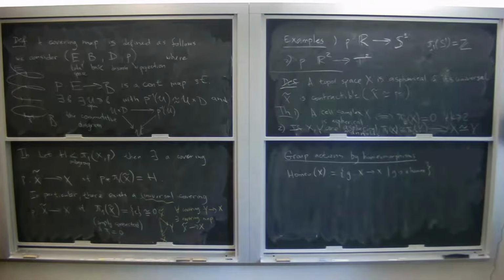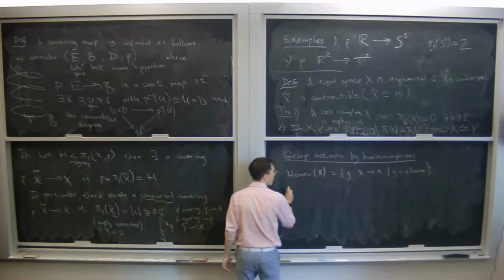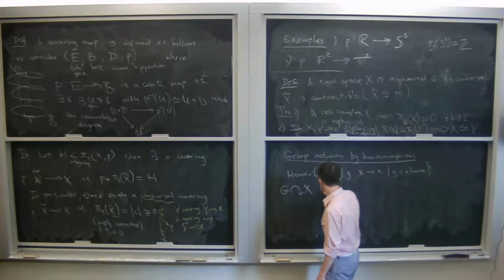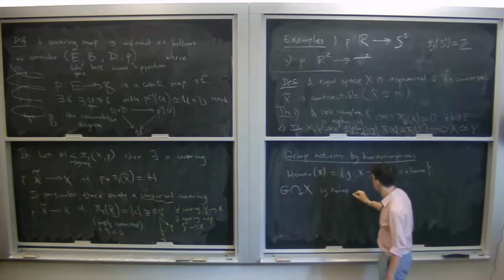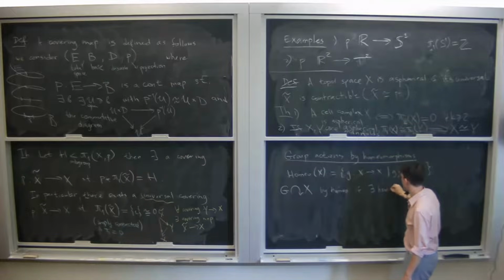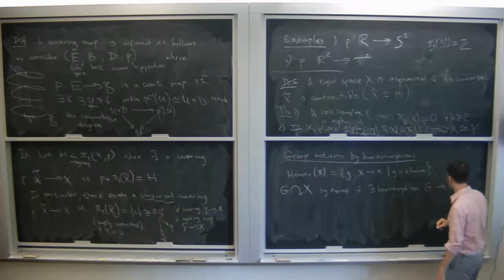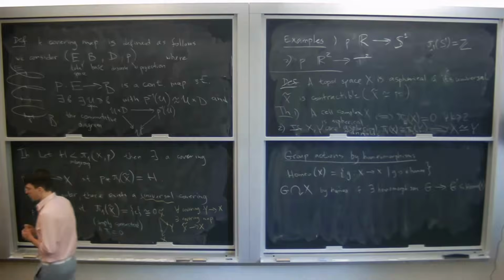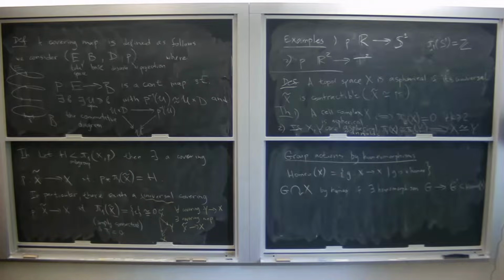Okay, now we consider a subgroup, and we say that G acts on X by homeomorphisms if there exists an algebraic, a group homomorphism from G to some subgroup G prime of Homeo of X. So sometimes you have some abstract group, but if you can map it to some subgroup of the homeomorphism group of X, then naturally you have some action by homeomorphisms.